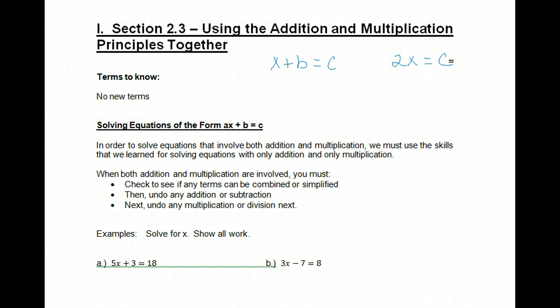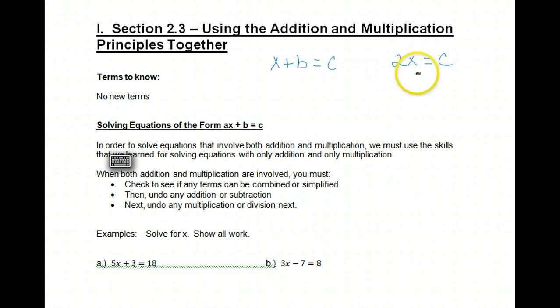When you had an equation that had addition or subtraction, we undid that addition or subtraction using the opposite operation. So we always undid our addition using subtraction, and we always undid our subtraction using addition.